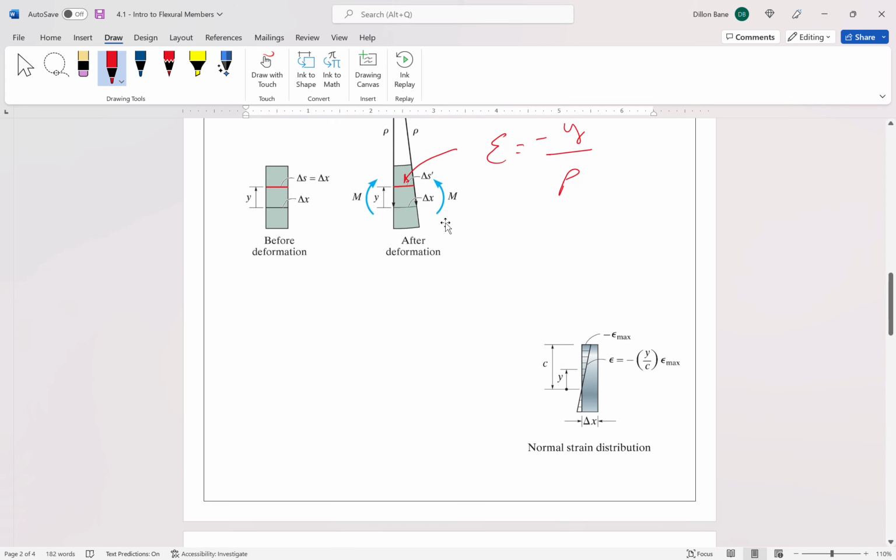We said that this told us two things. One, this equation tells us that maximum strains occur at the top and bottom of the beam.